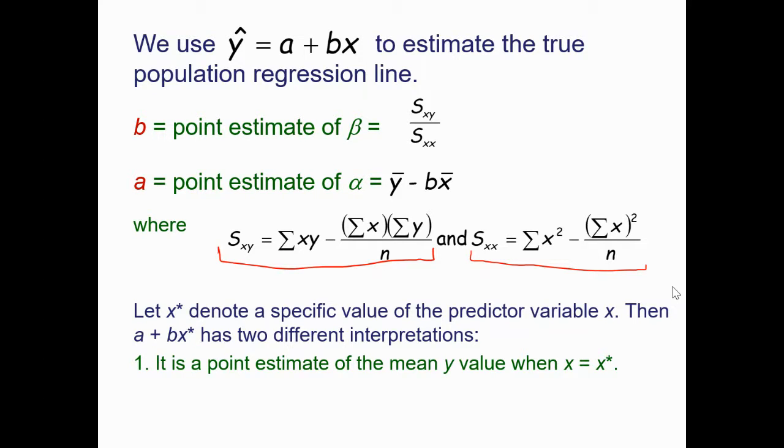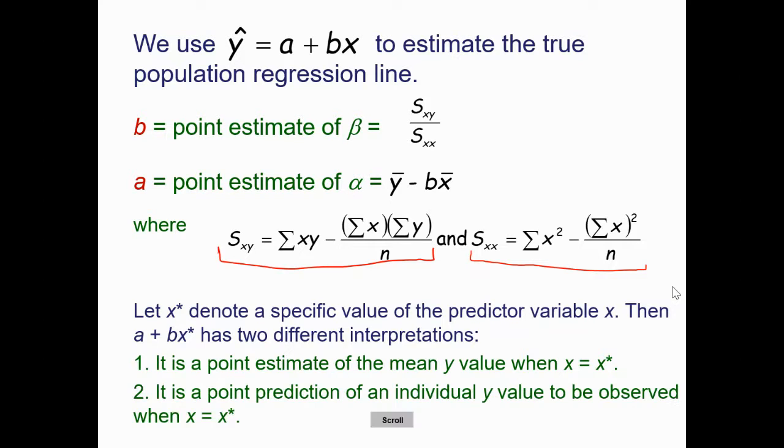That's one interpretation. The other is that it's a point prediction of an individual y value that could be observed when x is equal to x star.